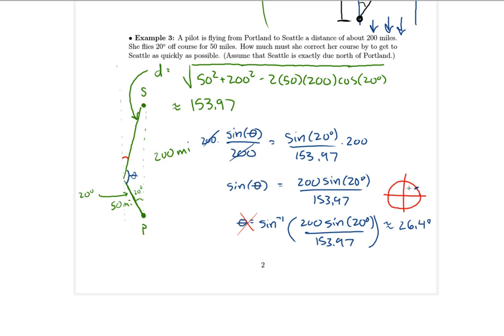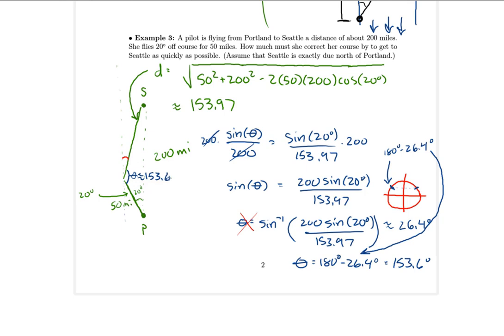But you get the exact same sine value over here, and what is this? This would be 180 degrees minus 26.4 degrees. So that is going to be my angle. So theta is equal to 180 minus 26.4, which is 153.6 degrees. And that looks better.